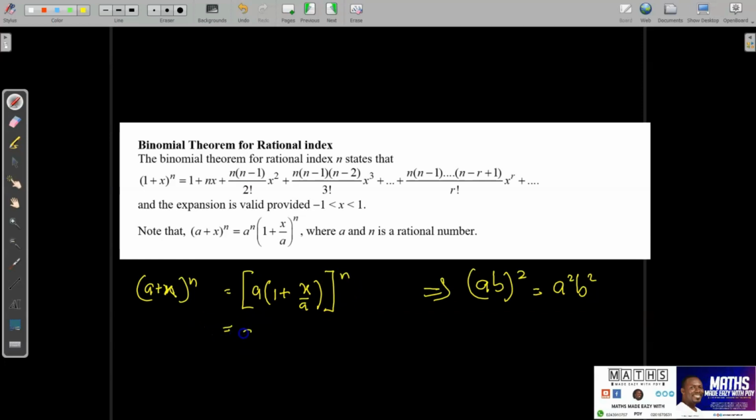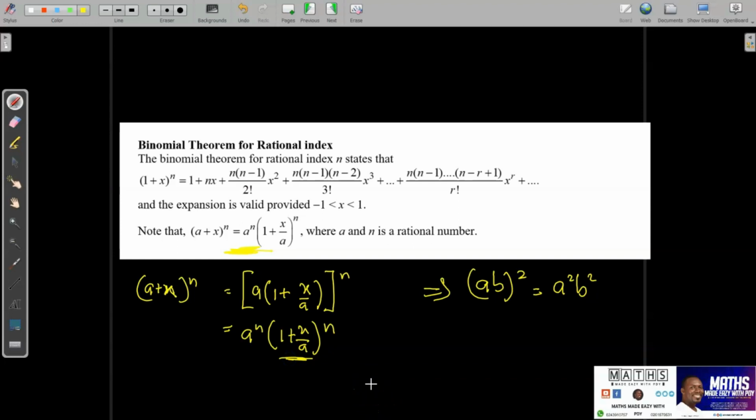So we can have it as a to the power n multiplying 1 plus x over a to the power n, and that is what is quoted here. So in case you are dealing with a question which doesn't have the first term as 1, then you can write the factor form of it before using the theorem. Remember, this will be maintained, and then the theorem will affect the second part of the factor.